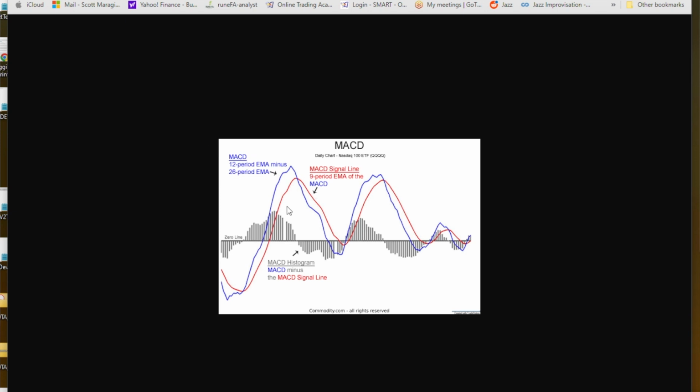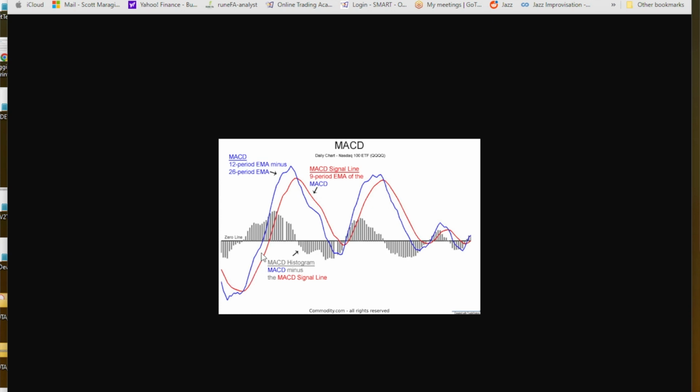If we look at what a MACD even is, it's two moving averages, right? Two EMAs, exponential moving averages, which front-weight the moving average. A 12 period and a 26 period is standard. There's no reason to change that for what we're doing.